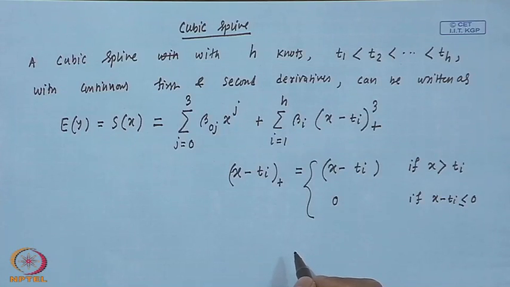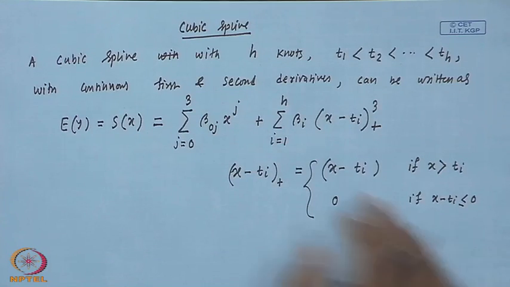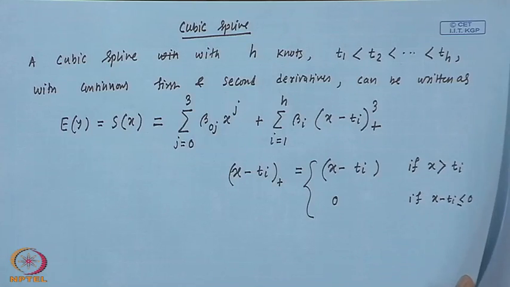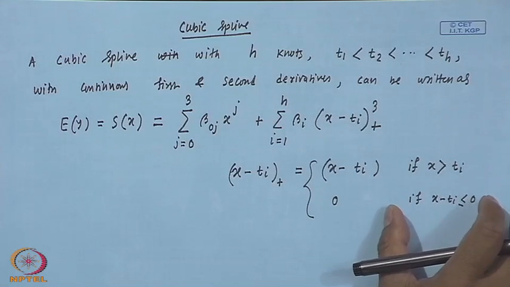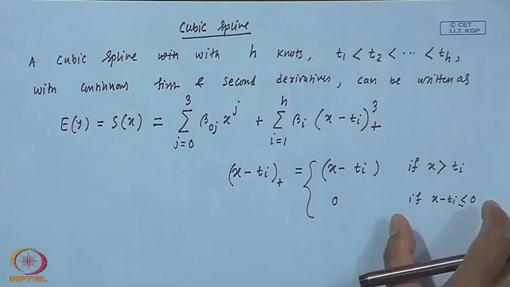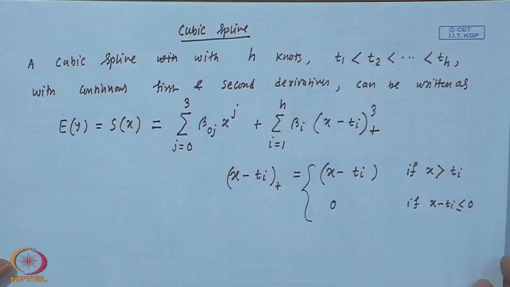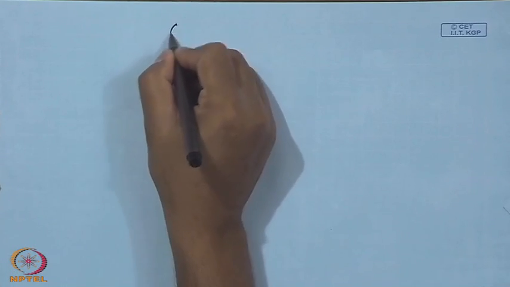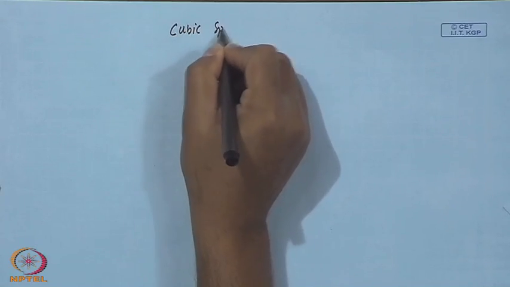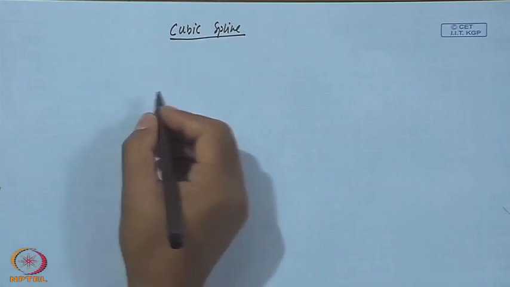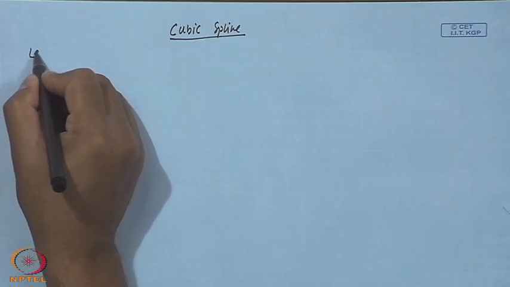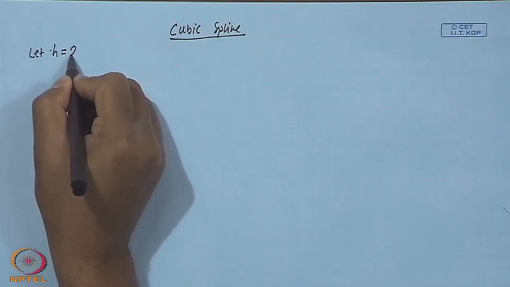Okay. So, let me explain this model, and you might not be so comfortable with this model at this moment. Let me explain this model for say 2 knots. So, this is my cubic spline model, and now I will consider a more specific case, cubic spline, and here let h be equal to 2.